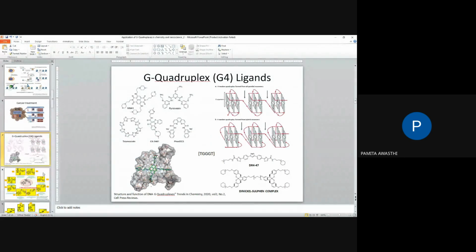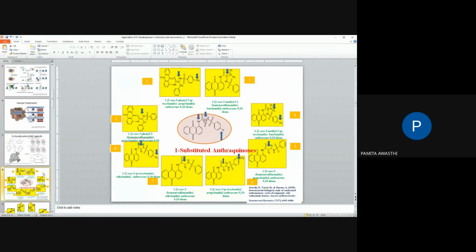So keeping all this literature into consideration, our lab has been working for the last 15 to 20 years in the area of designing of anthraquinone class of compounds as DNA binders, whether it is a duplex or whether it is a quadruplex.